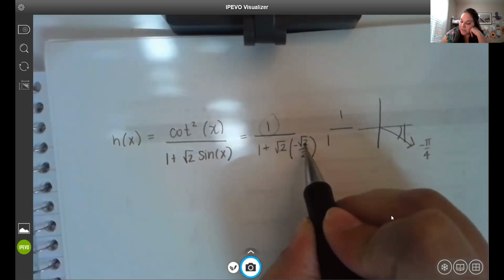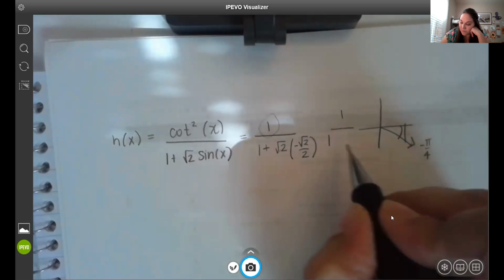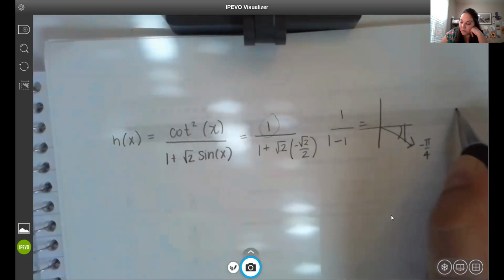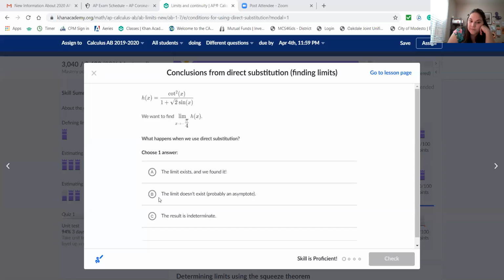These 2 roots are going to make a regular 2. Negative 2 over 2 is negative 1. And so I will get 1 over 0. And so that means that it's not the indeterminate form, but it is most likely an asymptote. So that's what I'm going to put for my answer. The limit doesn't exist, and it's probably an asymptote.